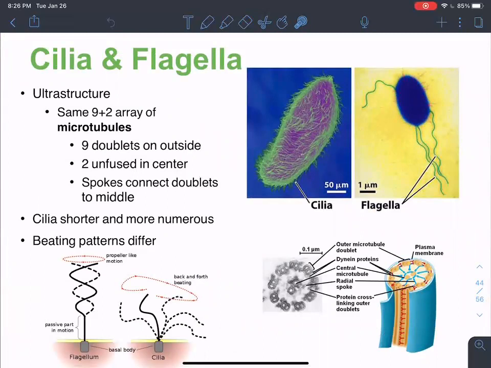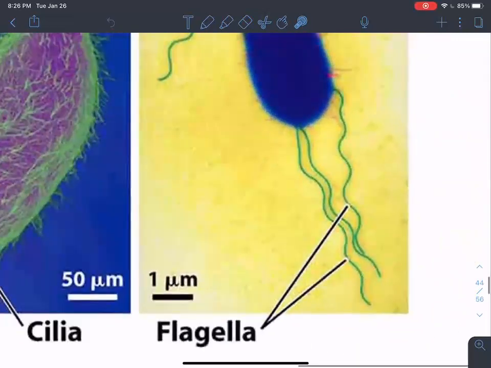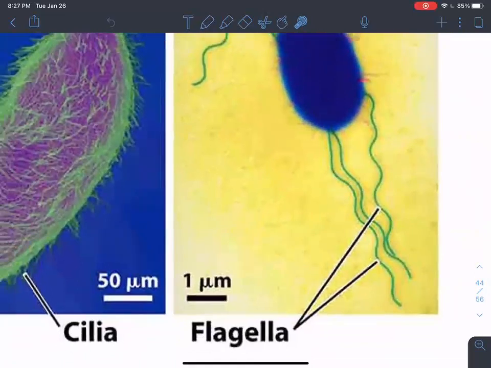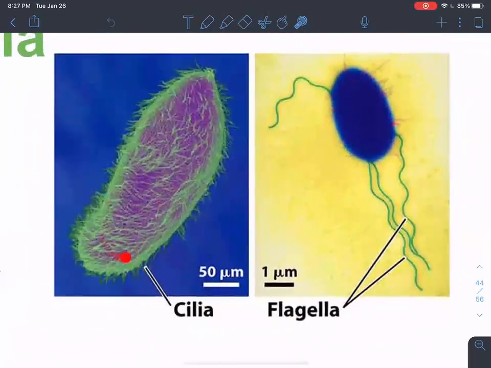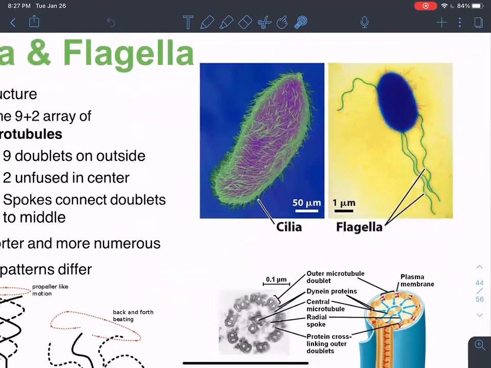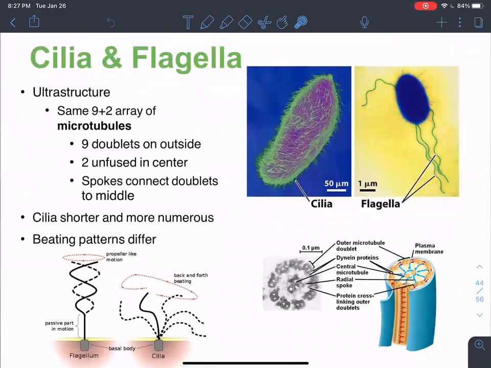And then flagellum or flagella are these long tentacle-like structures found on a cell and are much fewer than you will see with cilia. When you see cilia, there's hundreds, if not thousands of them, where flagellum are going to be more singularly situated, like in this cell here.